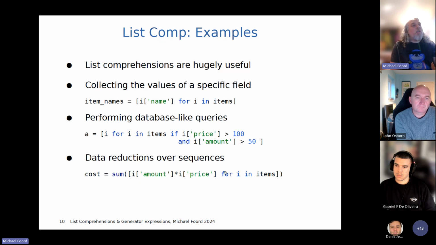And here's a reduction over a sequence. This is like a map reduce, where the operation we map is amounts times price, and then we reduce it to a single value with a sum. This is the cost for all the items, the number of items times their price for every item. So that works out the total cost.